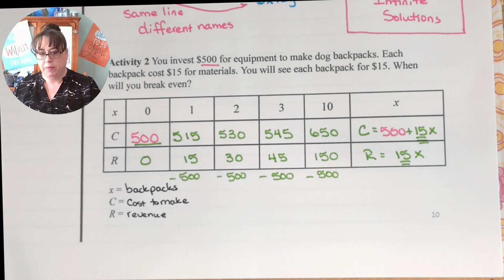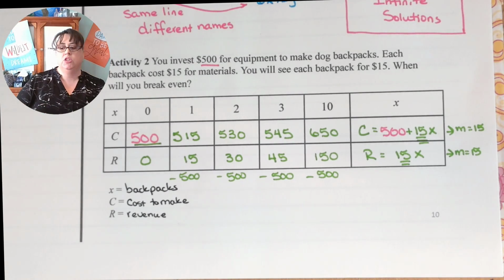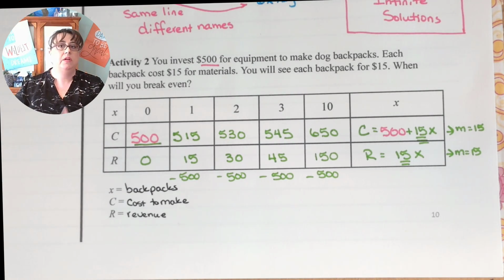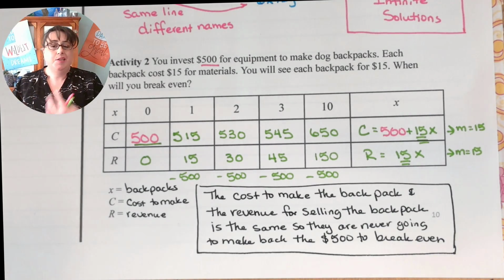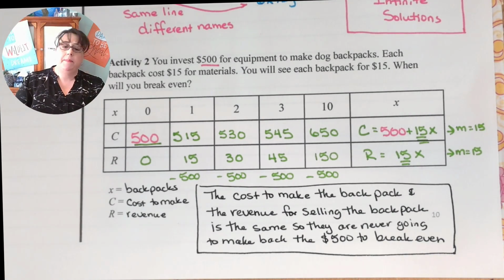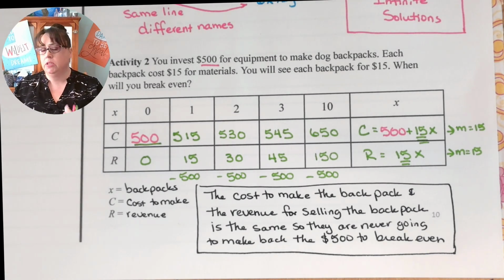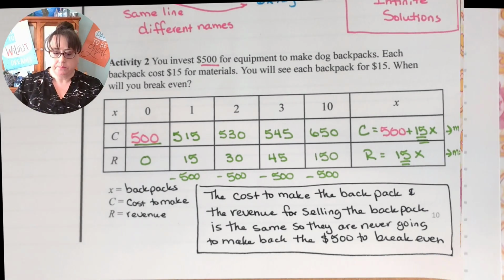Your slope, in both of these, your slope is 15. So are you ever going to make back your money? No. You need to start charging more for your backpacks. Your charge for your backpacks needs to be more than what it cost you to make it. So the cost to make the backpack and the revenue for selling the backpack, they're the same. So you're never going to be able to make back that $500 so that you can break even.